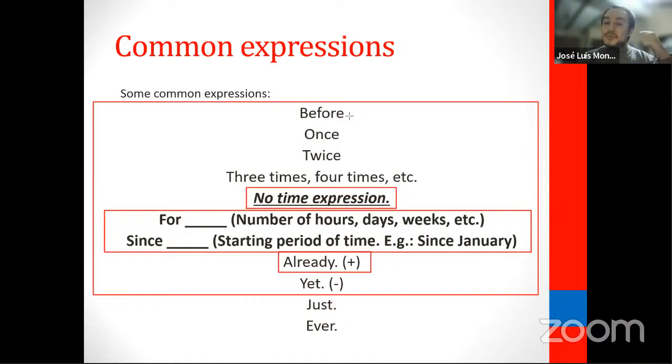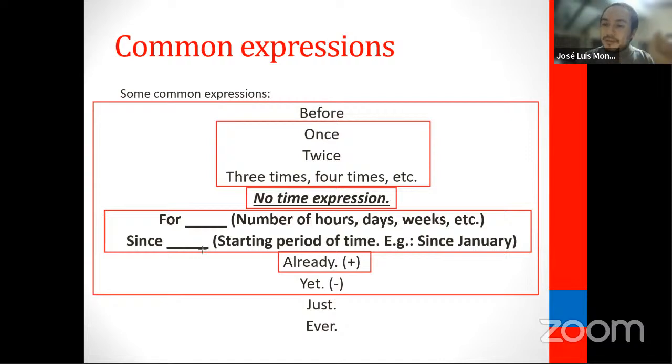Before is in a specific time. Once, twice, 3 times, it's just for a number of times. How many times something happened, but we don't know when. No time expression, we're not going to work with that one because it's obvious. And periods of time, for 2 days, for 3 hours, a starting period of time, since 1984, since January, since last week, a starting period of time, but we don't know when it finished or if it finished, all right?